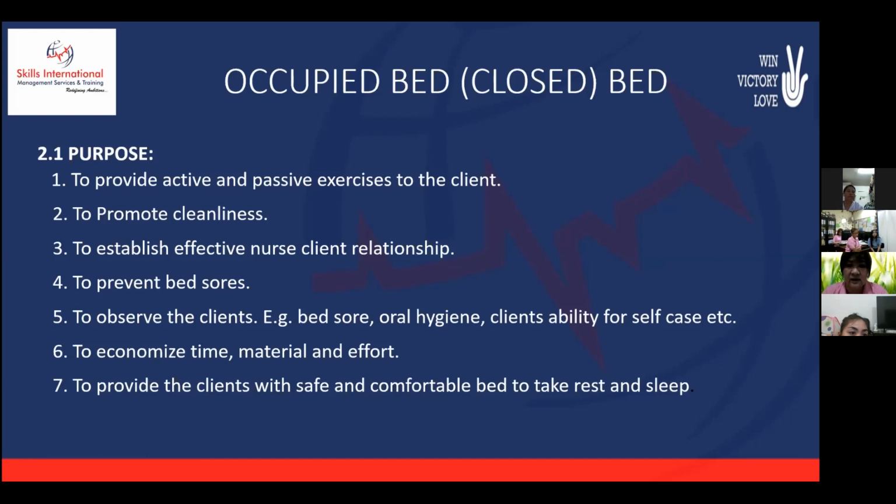So make sure that the bed sheets are wrinkle free. To observe the clients, for example for bed sores, during oral hygiene, and the client's ability for self-care. If they are able to help themselves, you can just assist them. To economize time, materials, and effort, and to provide the clients with a safe and comfortable bed to take rest and sleep.